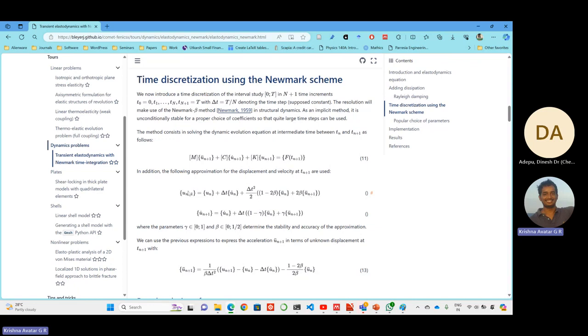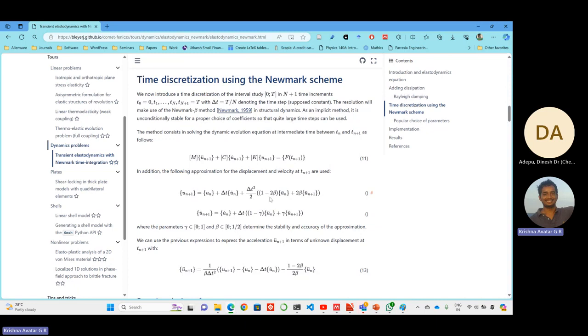This makes it implicit in nature, because even the displacement at the current time, n plus 1, depends on the acceleration at n plus 1. Likewise for velocity, we have u dot n plus 1 is equal to u n dot plus delta t times a weighted average of acceleration at two different values.